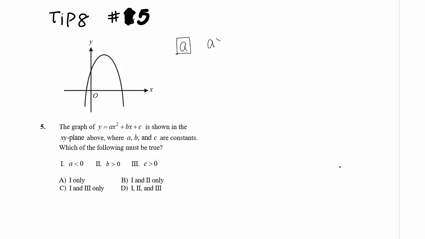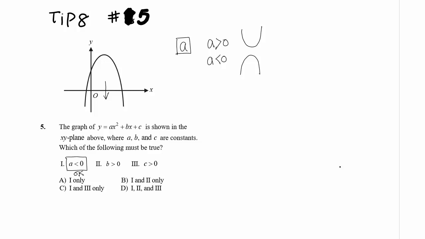If a is positive, the graph opens upward. If a is less than 0, negative, the graph opens downward. So this graph opens downward, so in this case, a is less than 0.